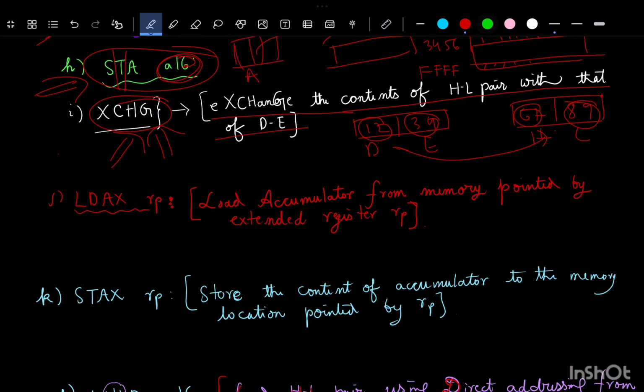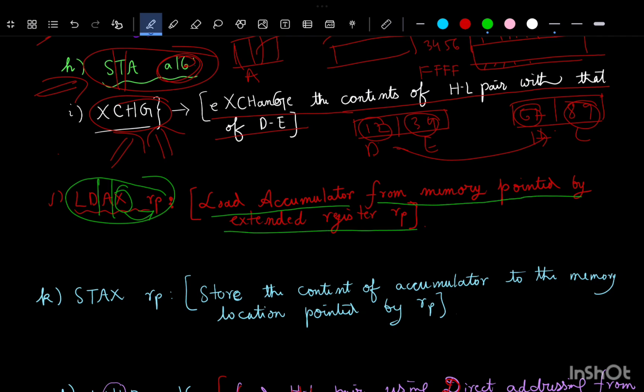The next instruction is of type LDAX RP. So let's break down this mnemonic. LD means load, A means accumulator, X means extended register pair. So what does this say? Load accumulator from the memory pointed by the extended register pair, right?